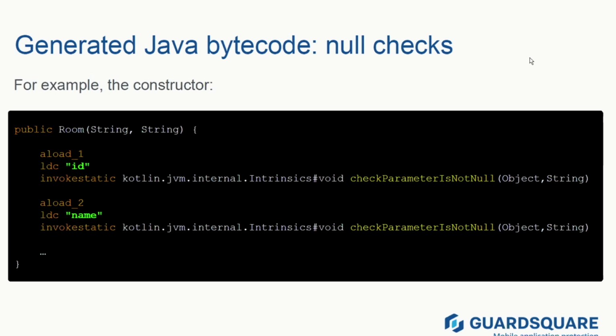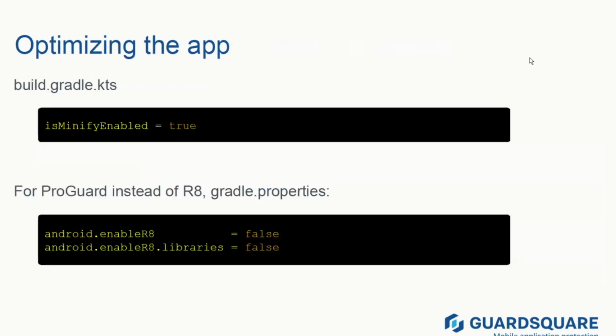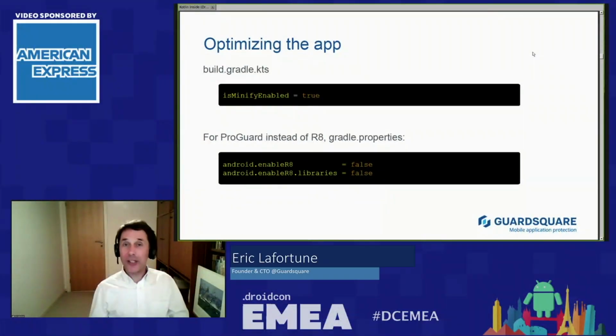So again, this is a little bit of overhead in terms of size, a little bit of overhead in terms of performance, because these methods are executed at runtime. So that begs the question, what happens if we start optimizing the app? And the way to go about that is the standard way in Android.